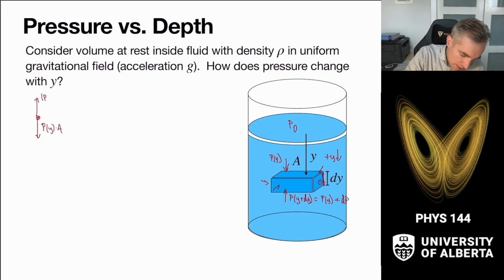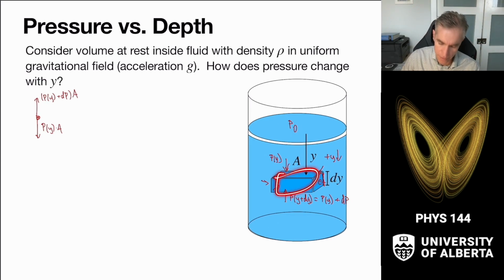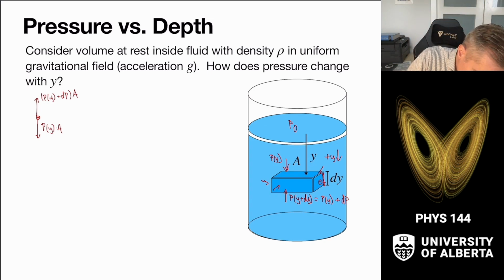So this is P of Y plus dP times the area pushes up. And then there's also going to be a weight of this little fluid here because it subtends a little bit of volume inside of the fluid. And so it's going to have a mass times g, gravity, that's going down.